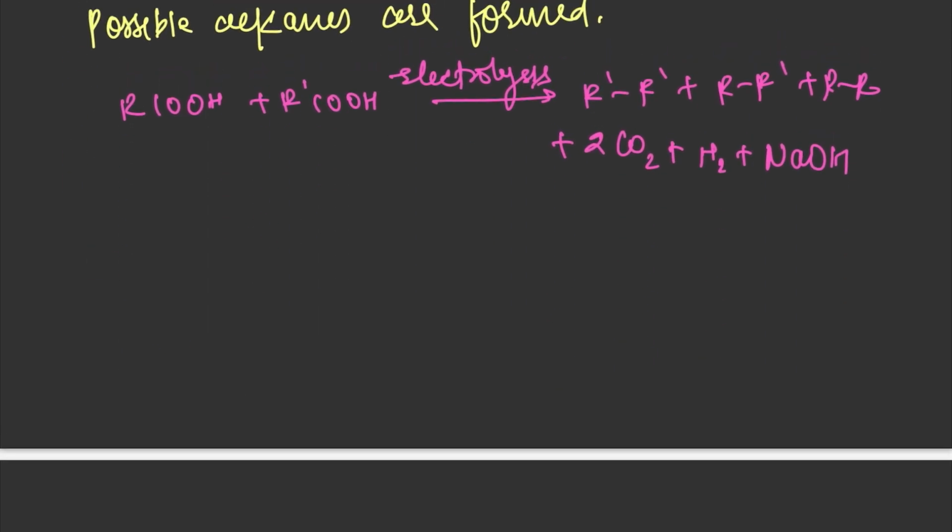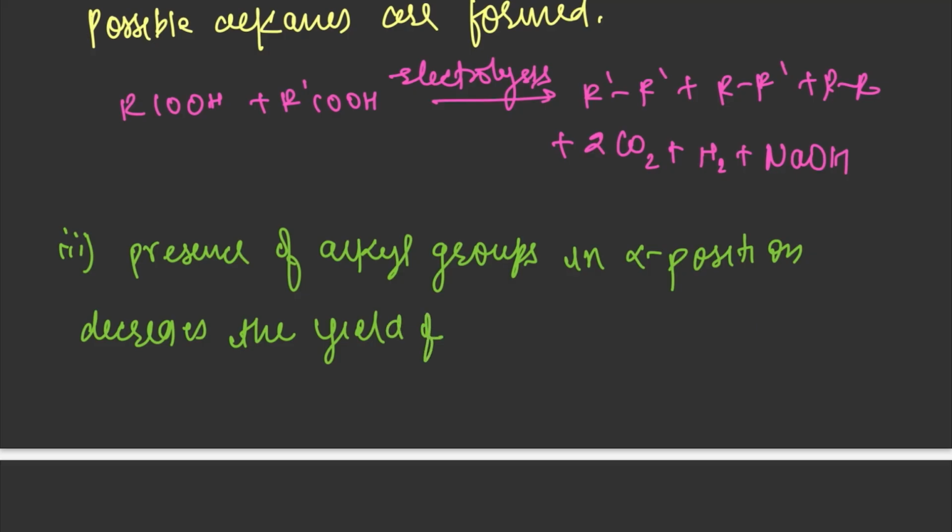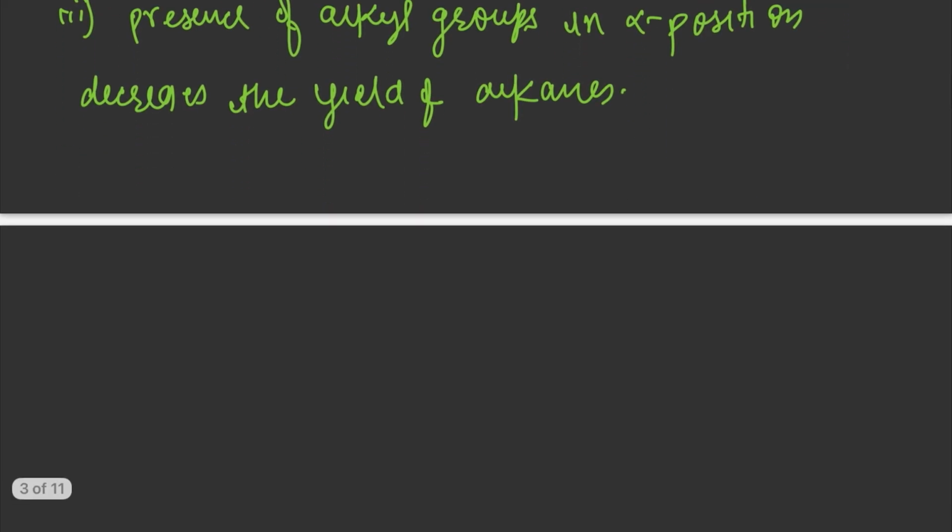Next point, we need to know that the presence of alkyl groups in the alpha position decreases the yield of alkanes, and it is actually a free radical mechanism.